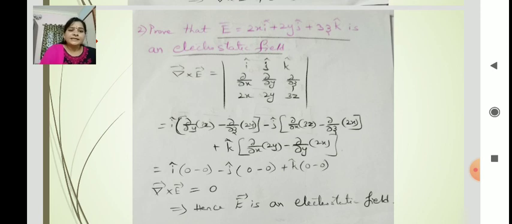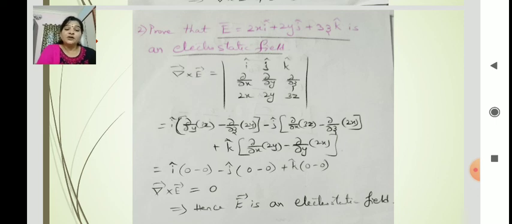Prove that the vector E is given as 2x i plus 2y j plus 3z k, and you have to show that this is an electrostatic field. In order to show that a given field is an electrostatic field, we have to prove that curl of E is equal to 0.